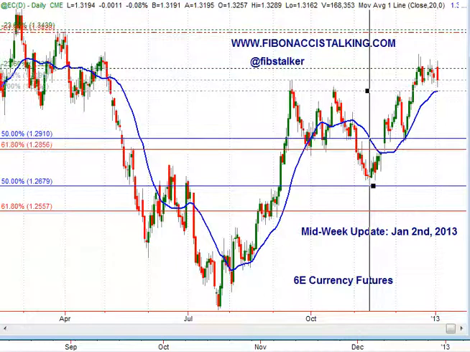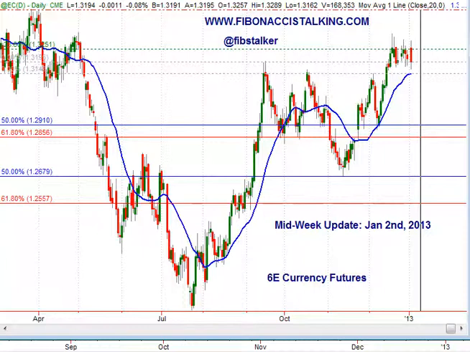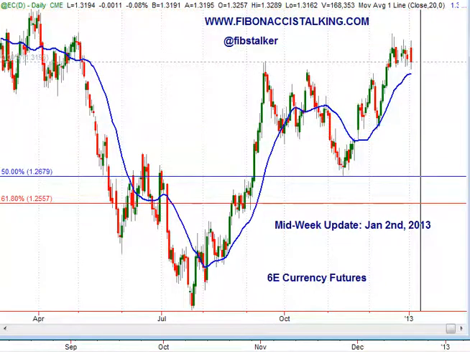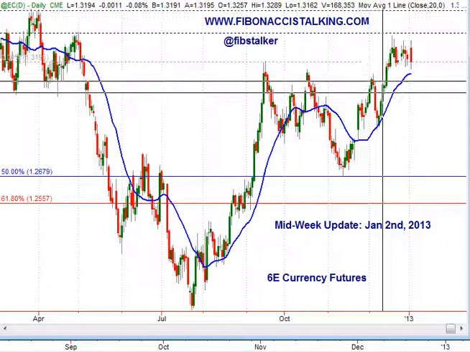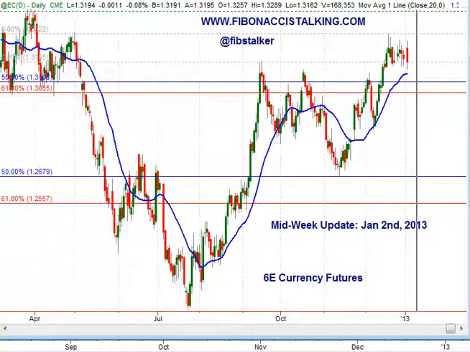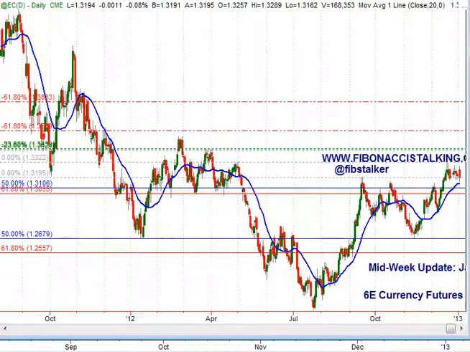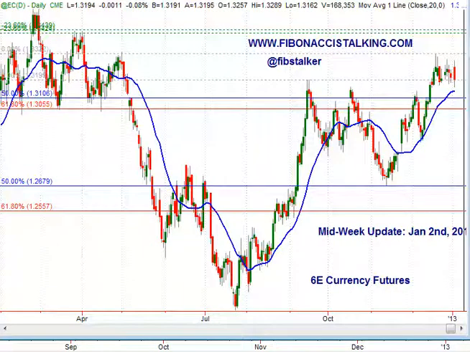This was the first one, which hit the target in 132.50, and then normally we would have this further measured move here in the 131.10, 131 area. So that would be the next support for the euro, helping price into that 134.30 area.